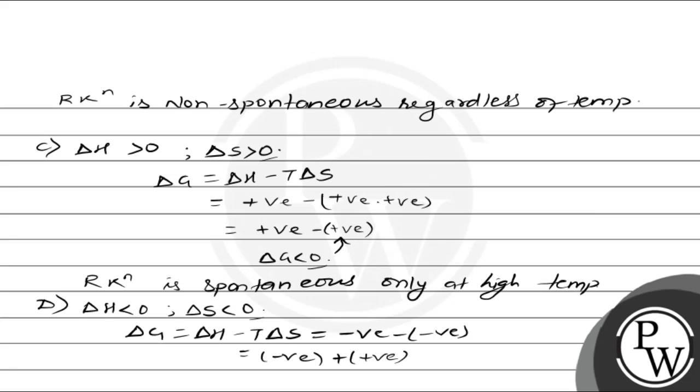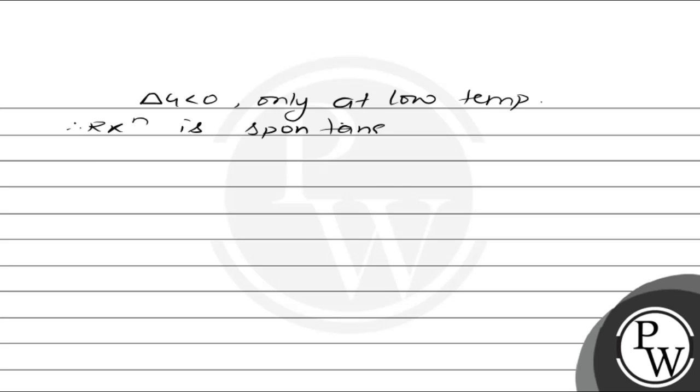If negative quantity is greater than positive quantity, then only delta G is less than 0. This means delta G is less than 0 only at low temperature. So the reaction is spontaneous only at low temperature.